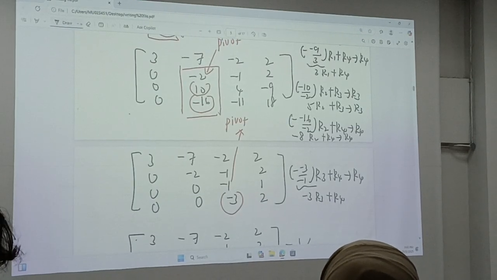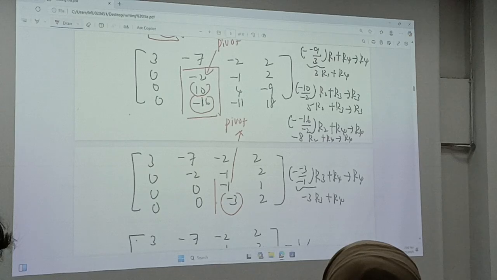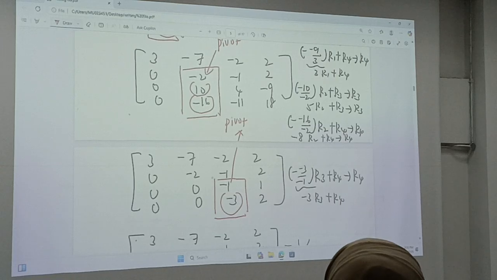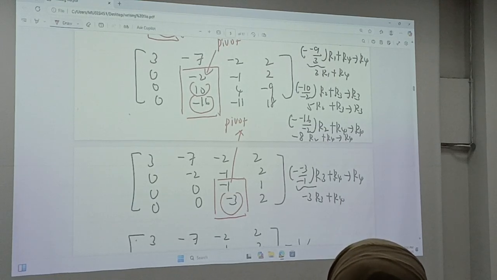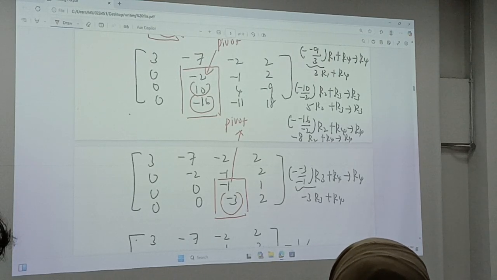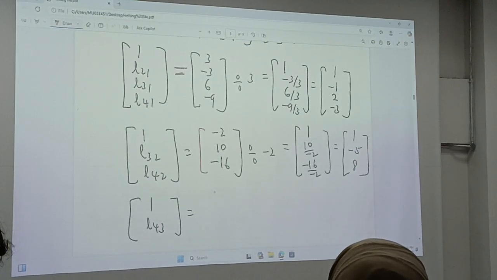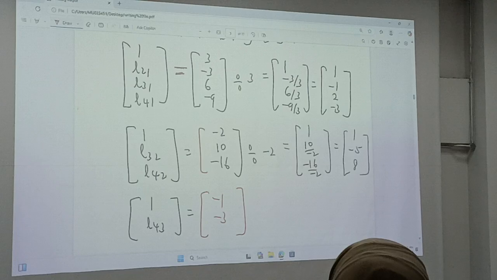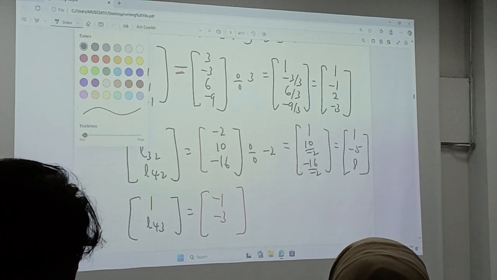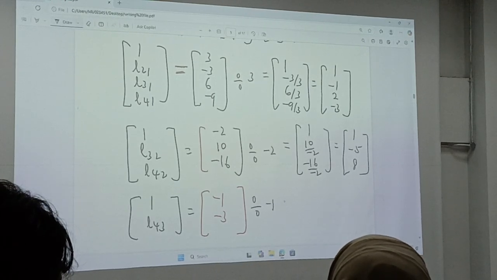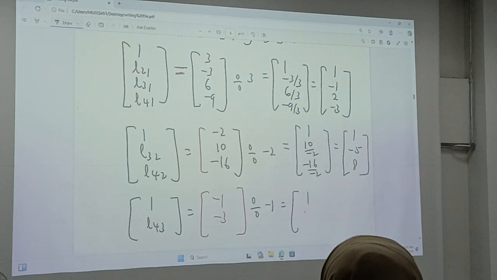Map with the same position. So column number 3, start from row number 3: negative 1, negative 3. One by one. Write down negative 1, negative 3. How to turn negative 1 into 1? Divide by negative 1. So 1, 3.